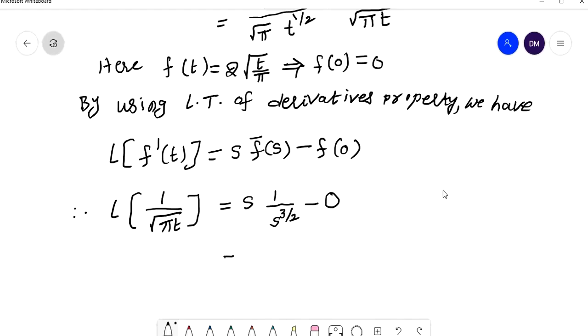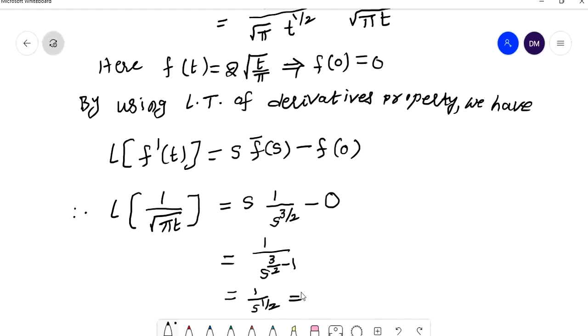So this is equal to 1 by s power 3 by 2 minus 1. Right, so that is equal to, 3 by 2 minus 1 is 1 by 2, so that equals 1 by s power 1 by 2.